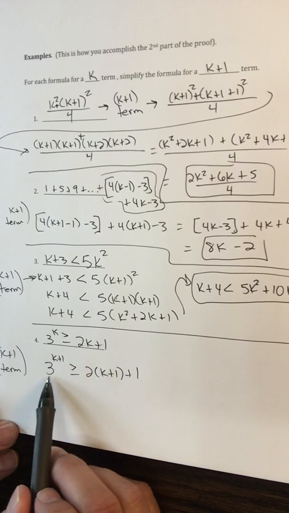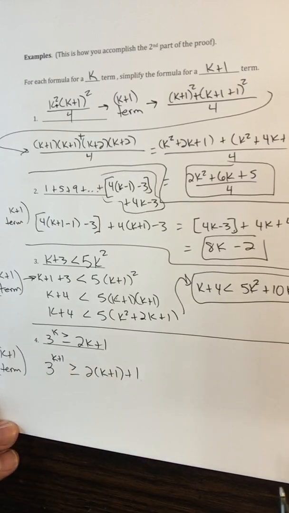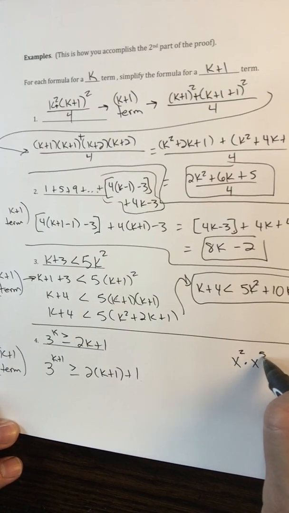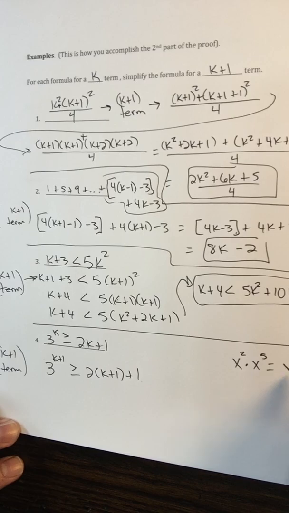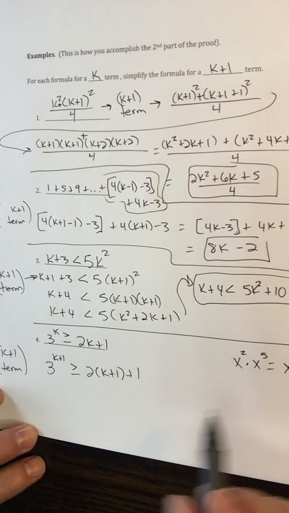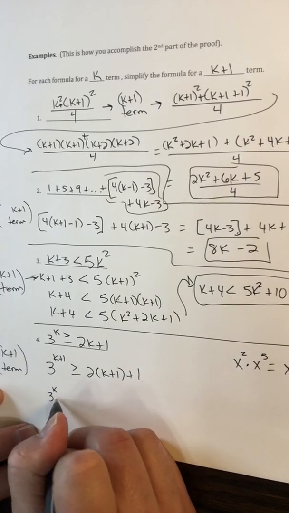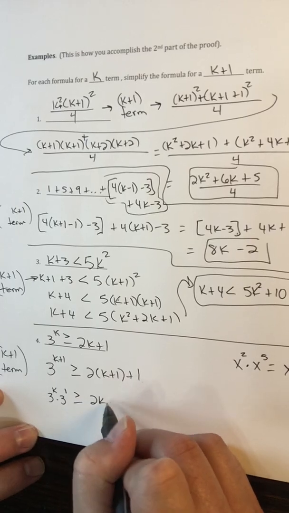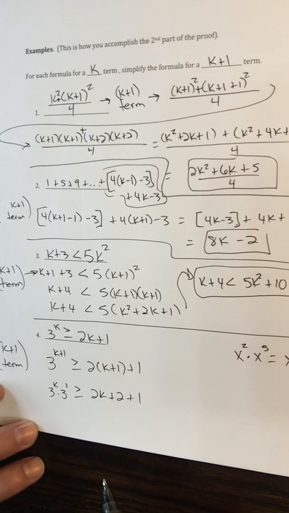What do you know about exponents when they're being added? Let me go over the side, and let me do this. Don't you add those exponents? Isn't it 2 plus 5? Right? It's 2 plus 5. Okay, so I could write this as 3 to the k times 3 to the 1 is greater than or equal to 2k plus 2 plus 1, right?